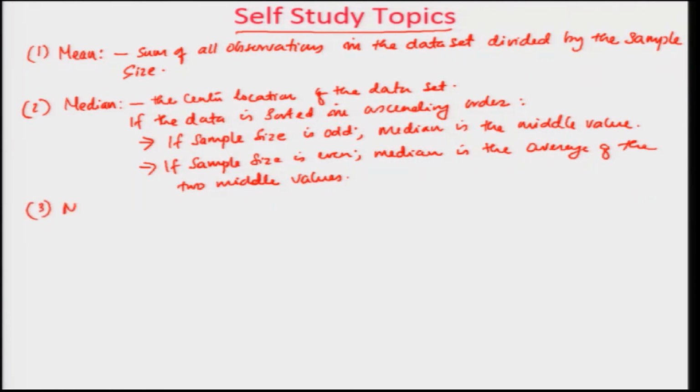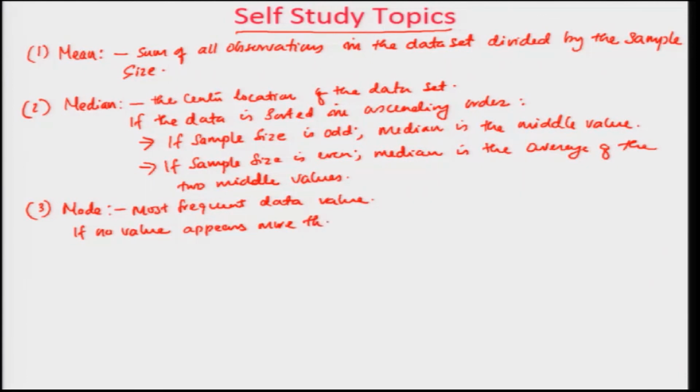The third thing you need to study is mode. Mode in a simple sense is the most frequent data value. If no value appears more than any other, then there may be no mode.